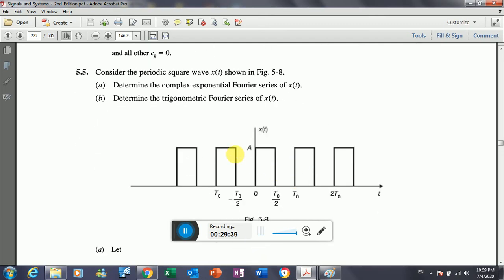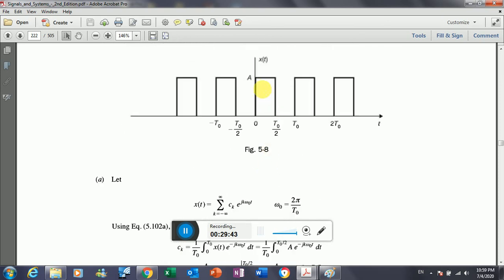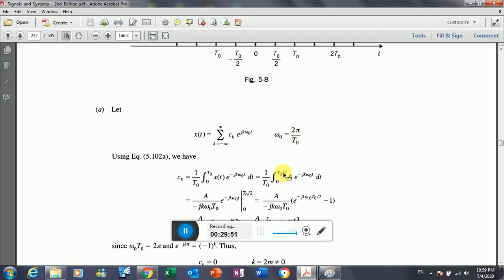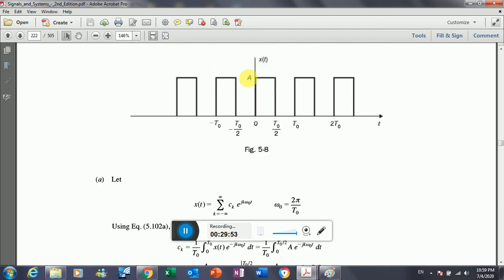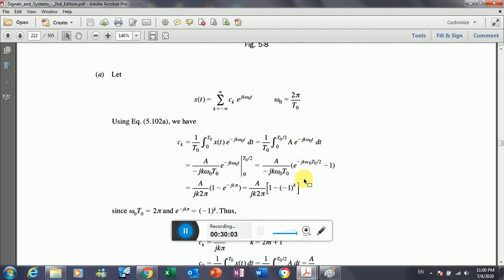So similarly, you can do the example here. This is a simple example. This is a periodic signal, and we can take just one period of this signal from 0 to t naught, and it will become from 0 to t naught over 2, because this is integrable over 0 to t naught over 2. So apply this formula, apply the integration.